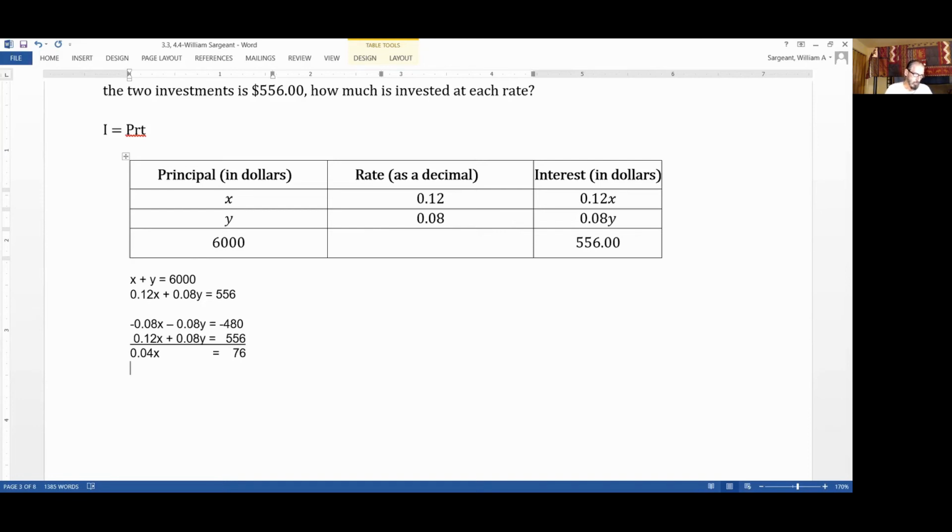So 76 divided by 0.04 is going to give us $1,900. That's how much was invested at the 12%.